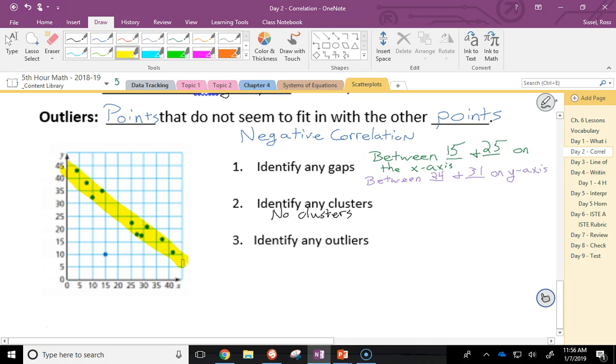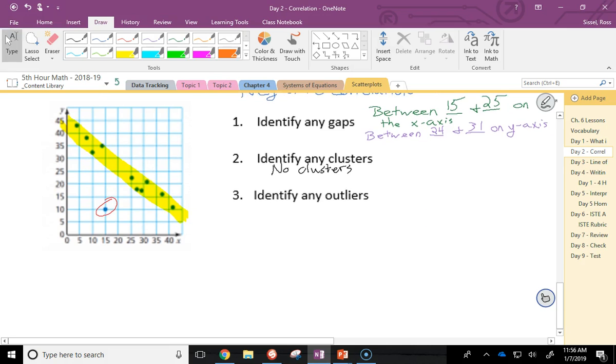Right here, I notice this one is not with the rest of the group. So we would say our outlier is 15, 10. In this example, we have one outlier, and it's at 15, 10.